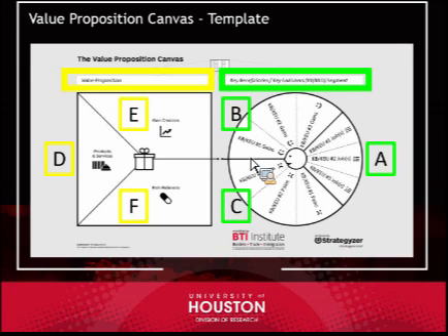But nonetheless, if we were to go through this now for the effort of which I am the champion on, and I get a null set in pain or gain in the wheel, meaning the targeted customers don't have either relative to the technology being proposed, what do we do?